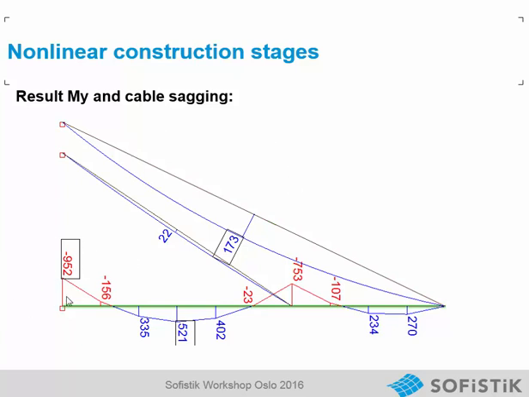We have the bending moment that we wanted, and the deformation at traffic opening is also straight, because we have also added a precamber in the analysis. We have cable sagging, that was the nonlinear effect in this example.